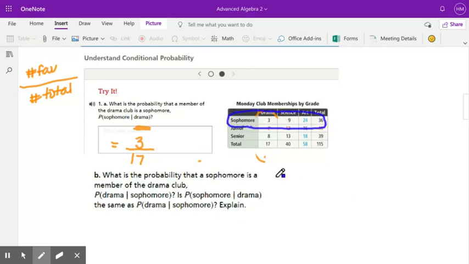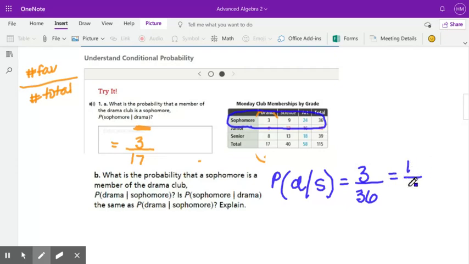So probability of drama given sophomore is, let's see, there are 36 sophomores total. And then 3 of those are in drama. So 3 out of 36. 3 over 36 does reduce to 1/12.